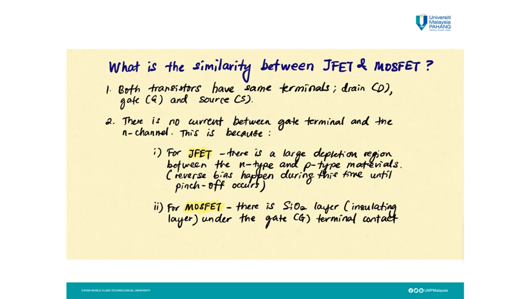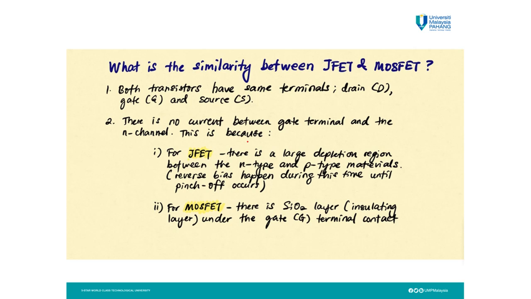What is the similarity between the JFET and MOSFET? Number one, both transistors have the same terminals: drain, gate, and source. Number two, there is no current between the gate terminal and the N channel. Why is there no current at G?